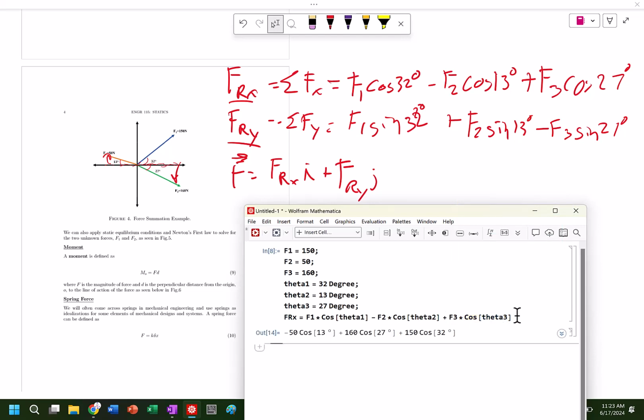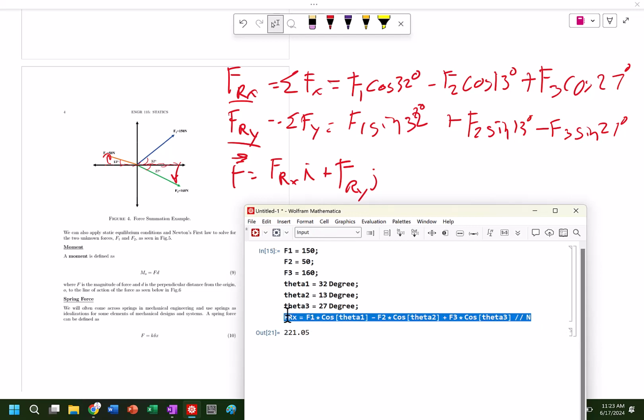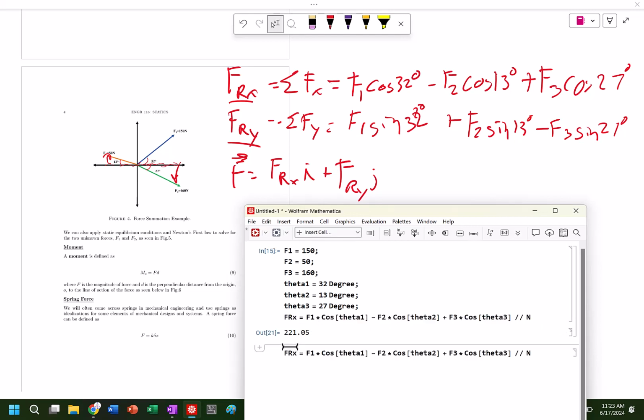And I'm going to do backslash n to bring this here. So that's my resultant vector in the x. Makes sense because I have these, it's a good check, right? Like these large magnitudes that are projected on x versus that single one here.